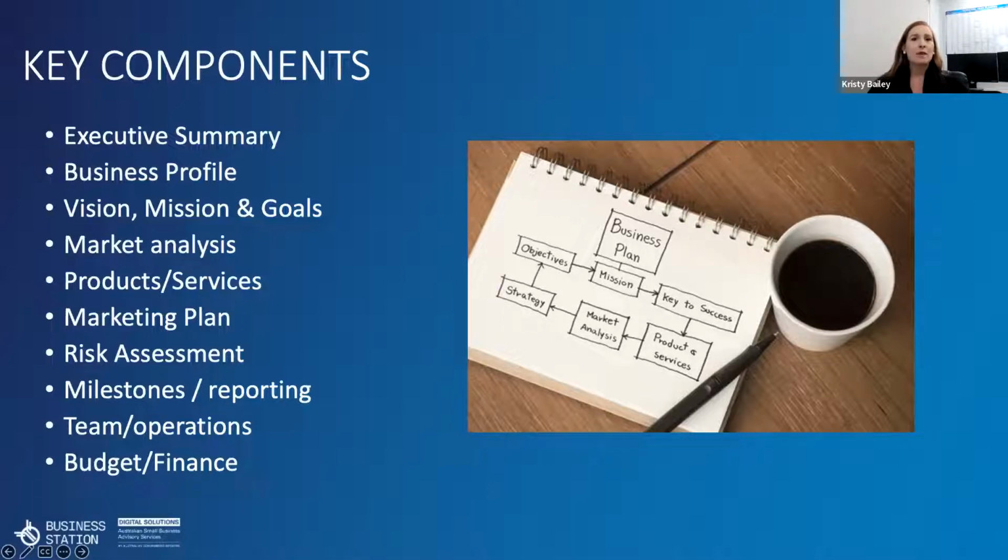But some of the key components that your business plan should have: first of all, you'll find at the beginning of any good document or business plan, there is generally an executive summary, which is a short summary of the main points of your business plan. That is actually written last. So it's basically a summary of all of the information that's contained in the business plan. So if somebody just wanted to read a one-pager to get to the point, this is what the executive summary does.